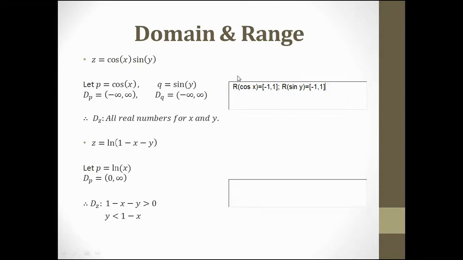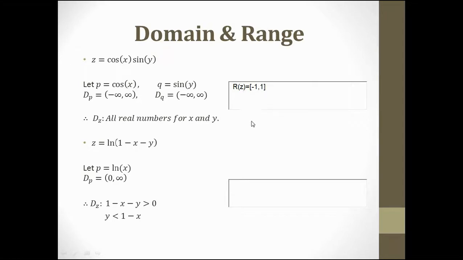So if we do that, we find that it is either lesser than the maximum value z can take, which we find out is 1, or greater than the minimum value that z could take, which we find out is -1. So we could say that the range of z is -1 to 1. So we really have to be careful when we find the range of a function.